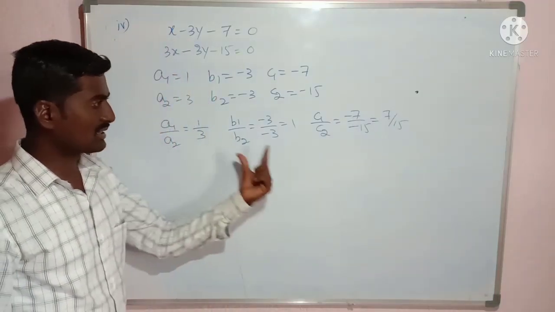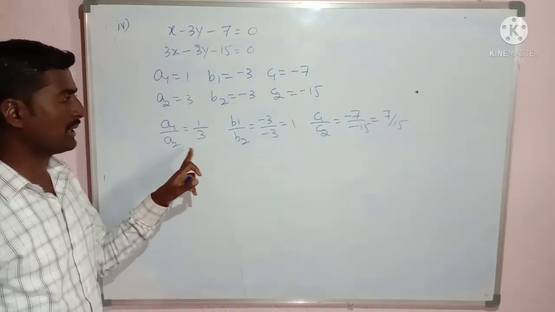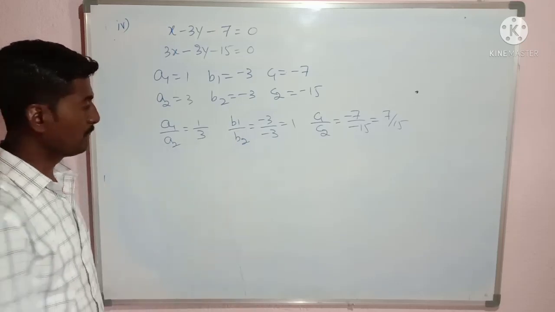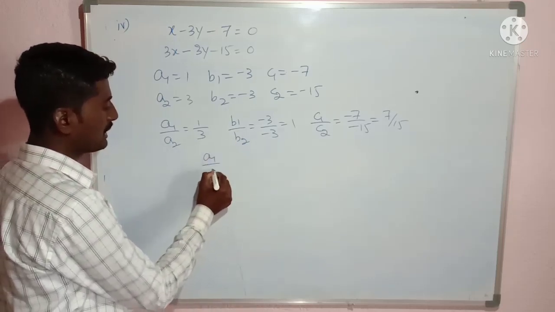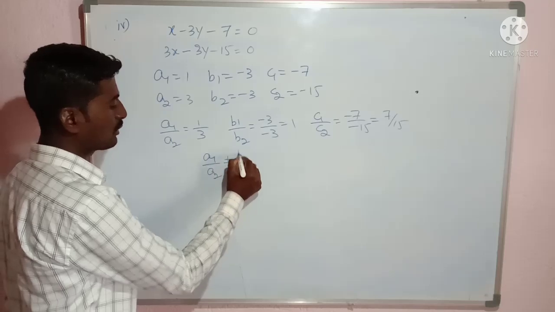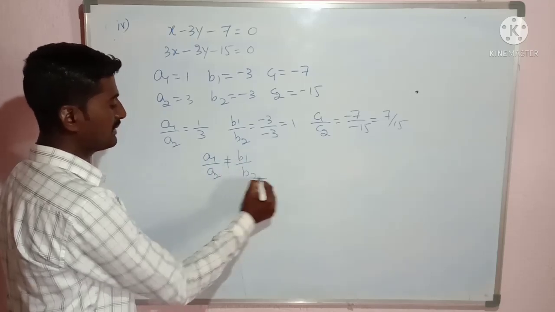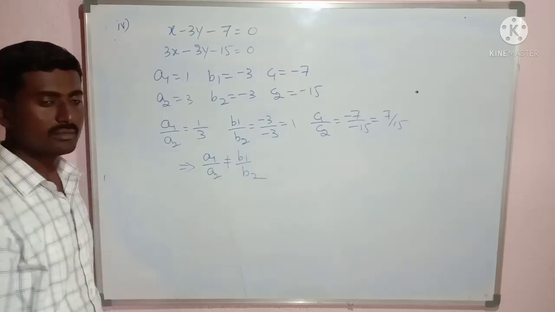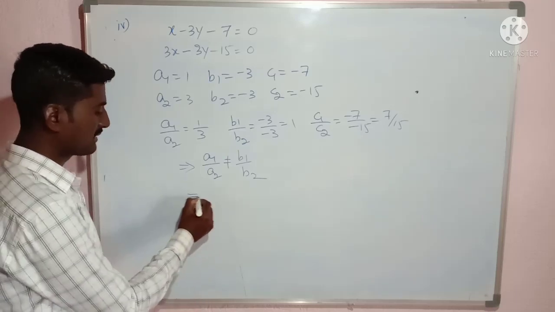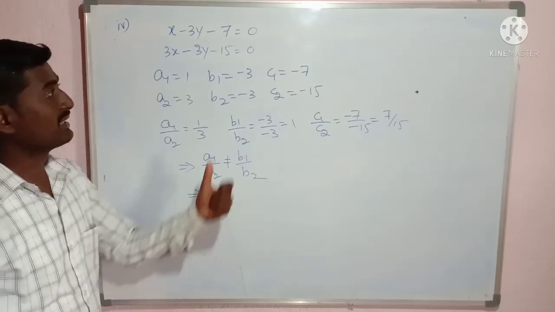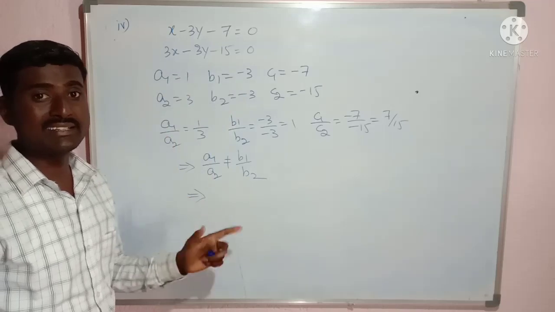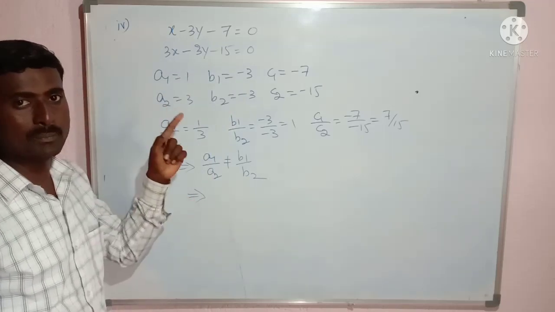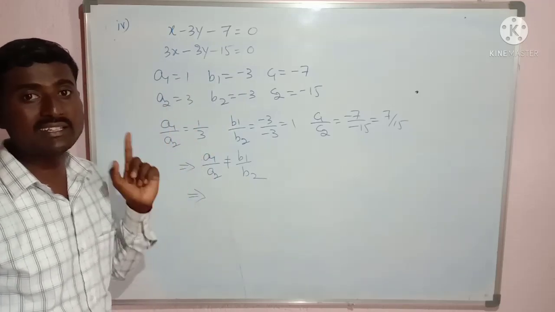Now if you observe these three, A1 by A2 is not equal to B1 by B2. This condition we got. If this condition is there, then we can say that the lines are intersecting. Means the given pair of equations are intersecting lines.